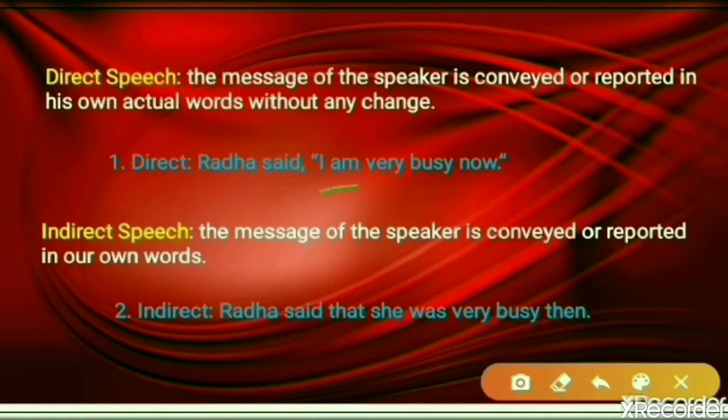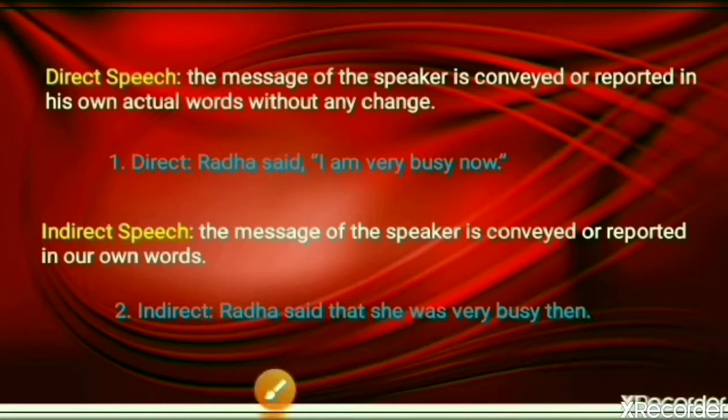For example, here, I am. But here, she was. Am has changed into was. The pronouns of the sentence are also changed accordingly. Here you can see the first person pronoun I has changed into she. The words of the speaker are not enclosed in inverted commas or quotation marks.